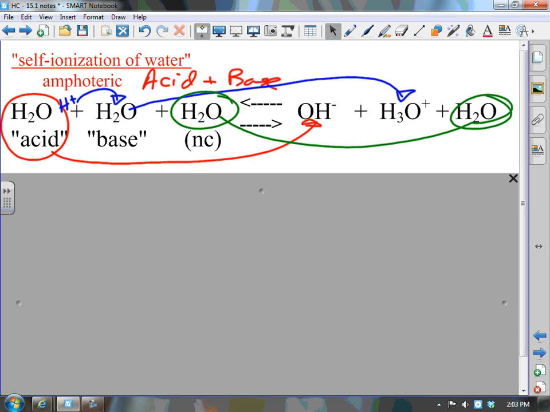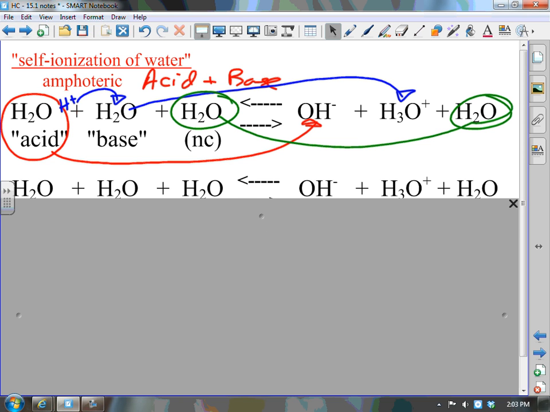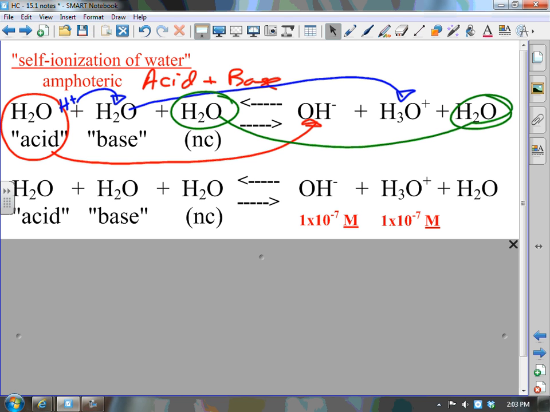So they discovered this phenomenon that water has this unique property. It's not a strong acid, it's not a concentrated acid, it's not a strong or concentrated base, but they did measure this. So here's what they found out. In terms of concentrations, this is the molarity of hydroxide and hydronium ions that are actually produced.